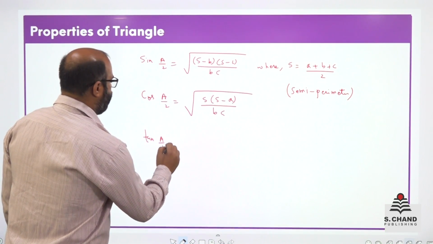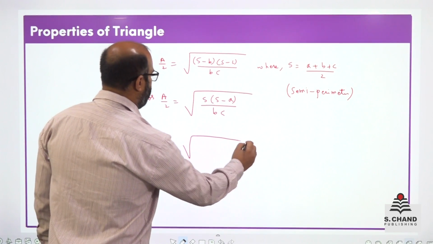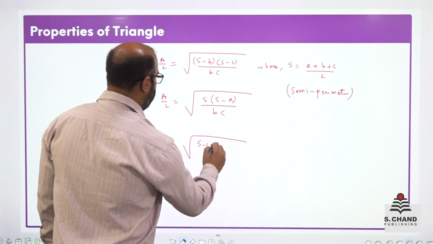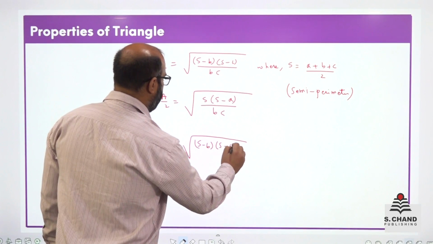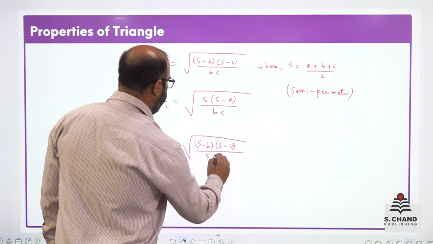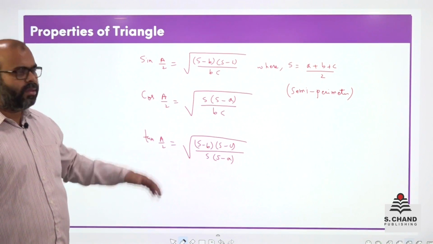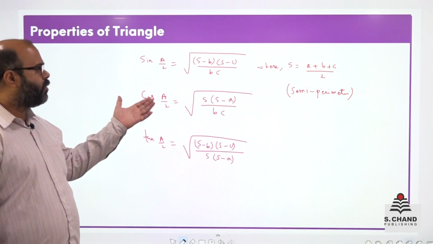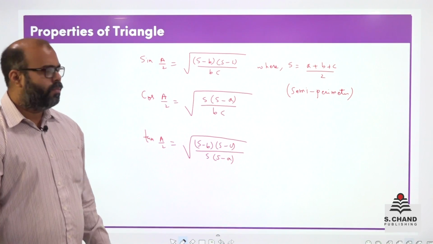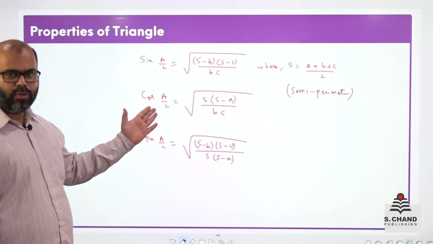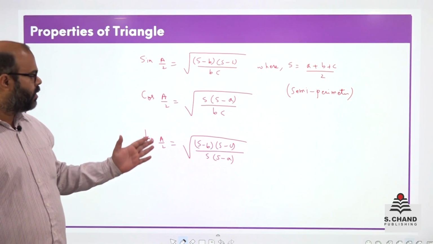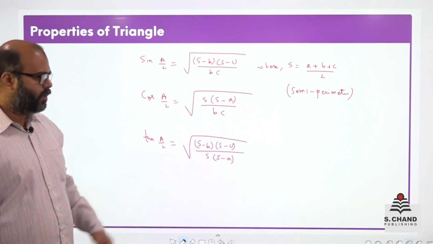So it is sine A by 2 by cos A by 2. So this will simply become (s minus b) into (s minus c) upon s into (s minus a). So these are the three formulas. For each one you can form two more formulas, because for cos B by 2, cos C by 2 also you can form a similar formula. Similarly tan B by 2 and tan C by 2.